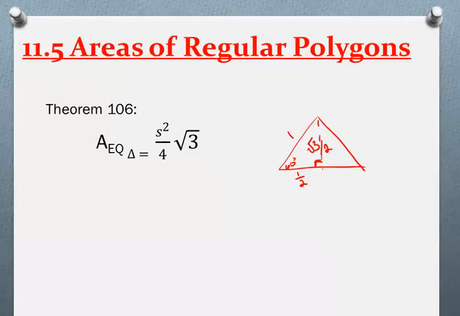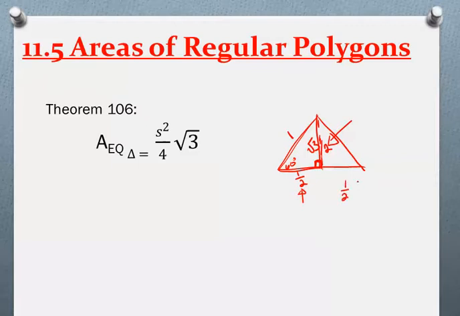And the way that formula is derived is if we have an equilateral triangle where all the angles are 60 degrees, and we say that the side is equal to 1, and if we draw a line perpendicular, and we take a look at this triangle right here, we can calculate that this is half, and then this would have to be the height, square root of 3 over 2.